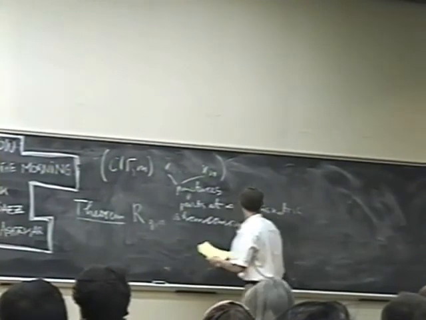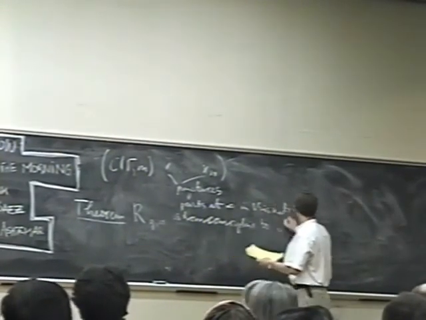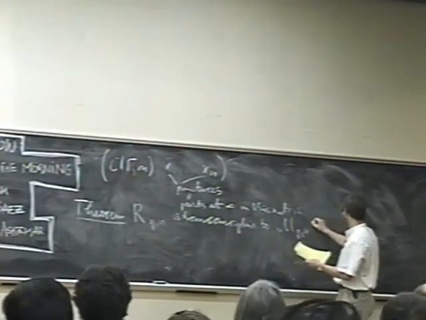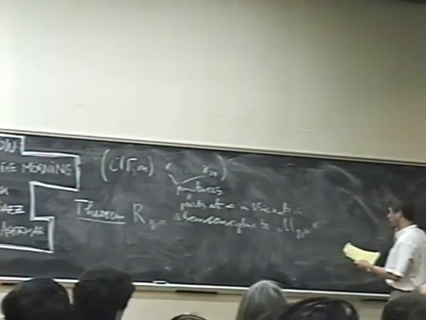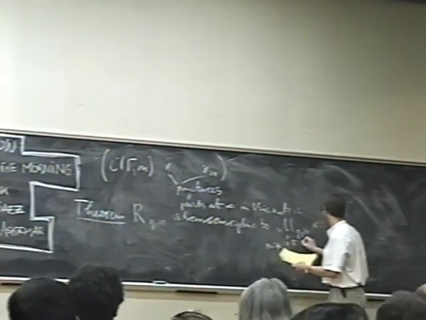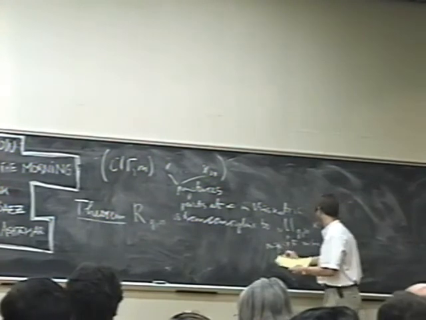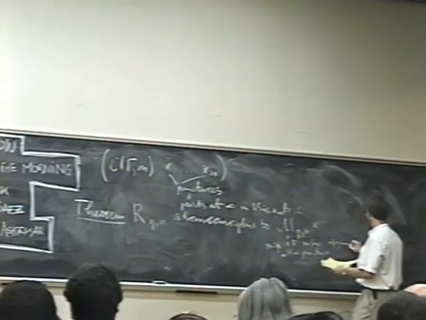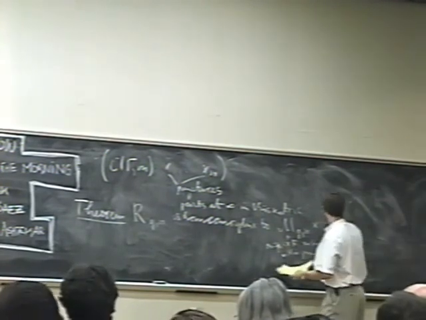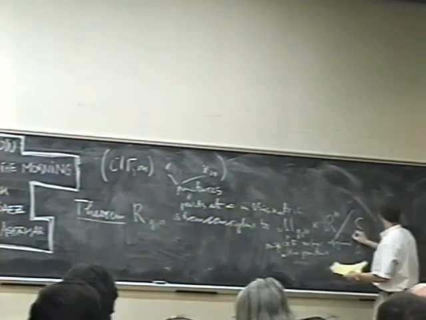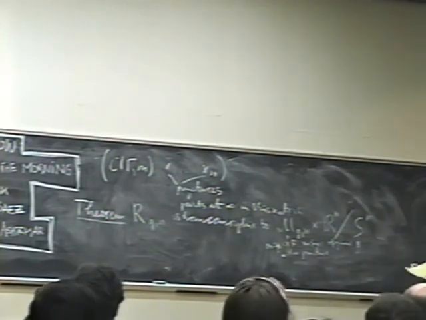to the moduli space M_{g,n} of complex Riemann surfaces of genus g with n punctures, cross R to the power n, and then divided by the action of the symmetric group which permutes the punctures.